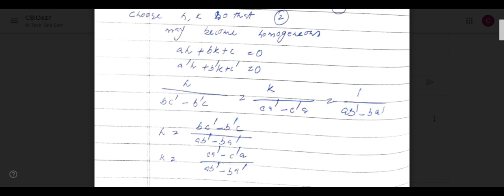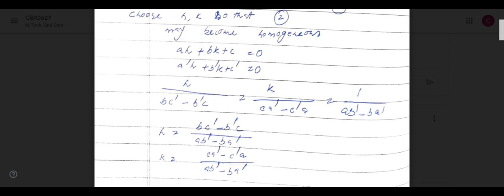So how many of you understood this one? Why I have written bc dash minus b dash c? That is the logic. See, a and a dash, so you have to take the right part: b, k, and constant c, and b dash, k, c dash. So actually you have to do b into c dash minus b dash into c. When you take b k and b dash k, you have to omit them.